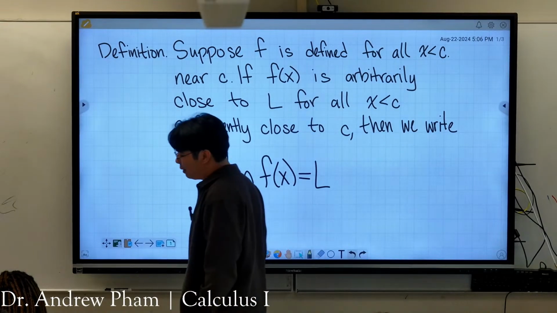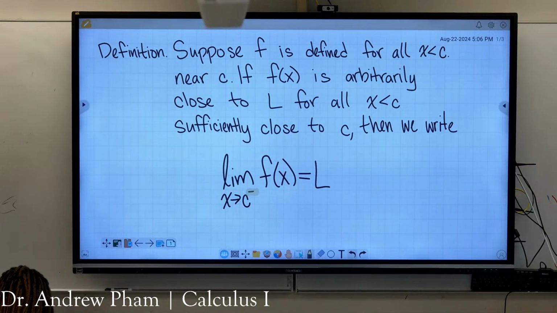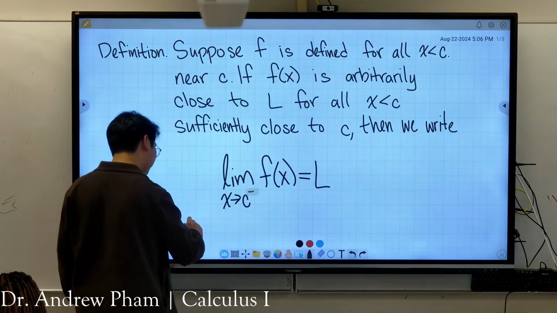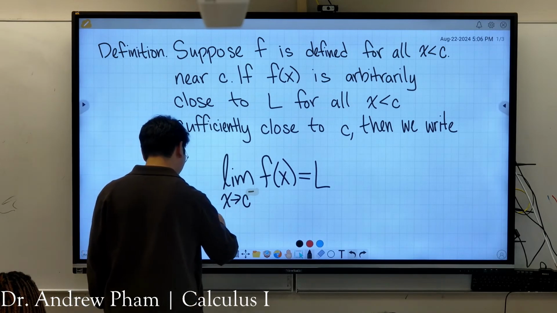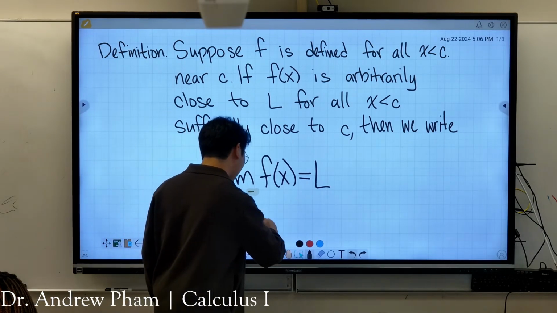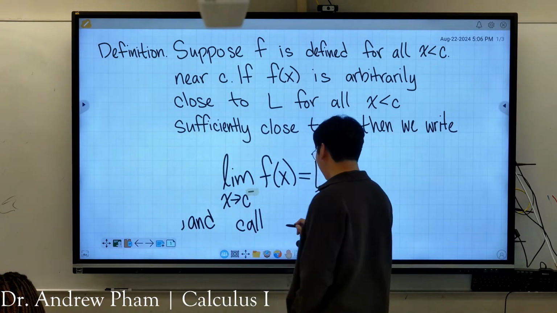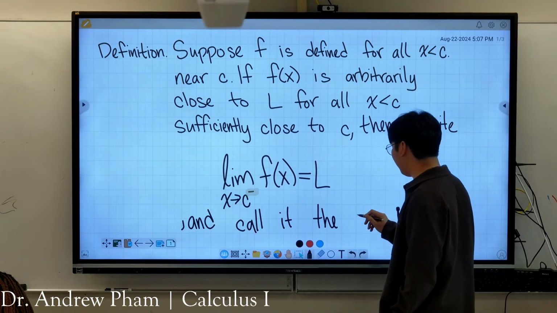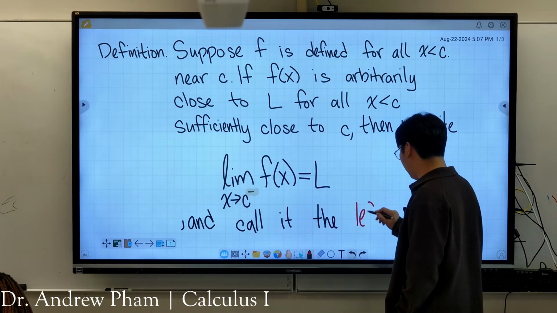And the way I'm going to read this is that the limit of my function f of x as x approaches c from the left is L. So we write this notation and call it the left-hand limit, or left side, whatever your preference is.